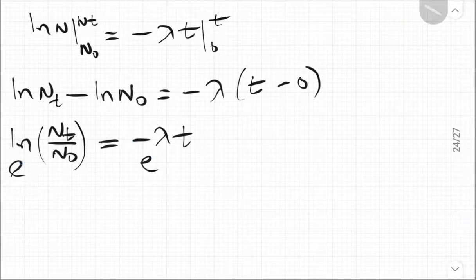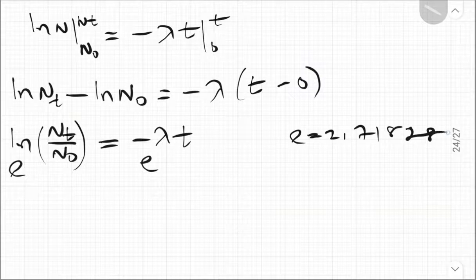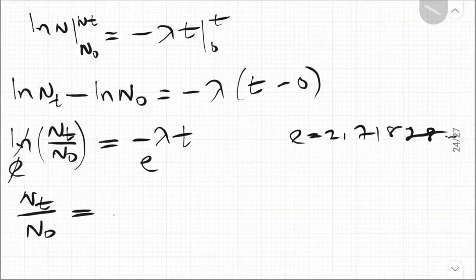So this e, which is Euler's number, whose value is actually 2.71828 dot, cancels out with this, so we just have nt over n naught equal to e to the negative lambda t, right? To the negative lambda t.